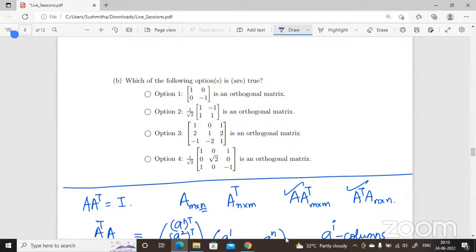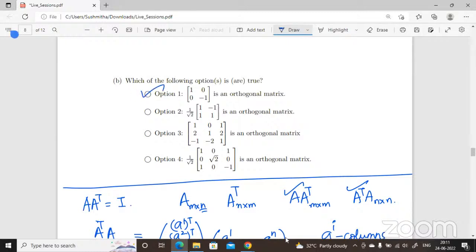What about the first option? Is it an orthogonal matrix? Yes, ma'am. Check whether this column is orthogonal to this column, and whether they are unit vectors. That's all. Yes, they are.